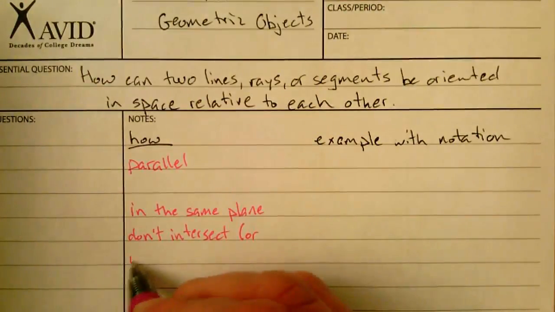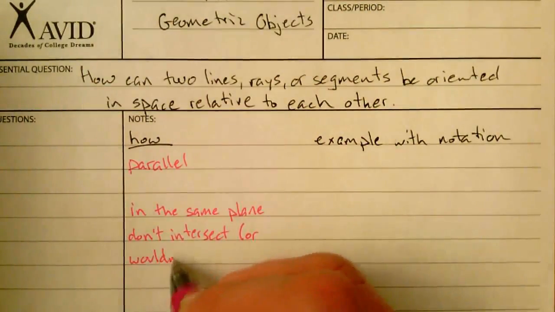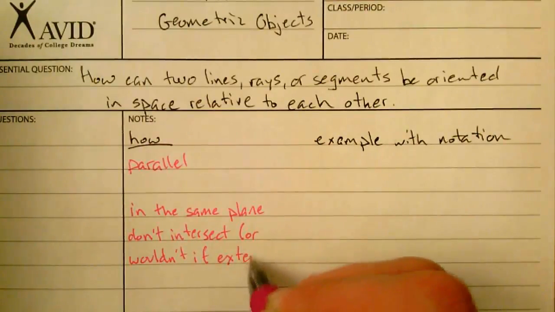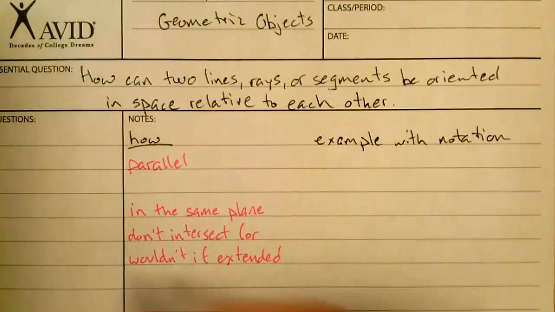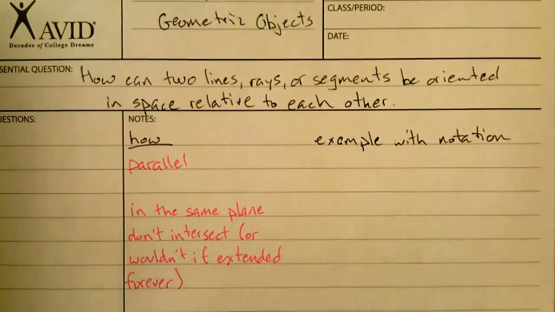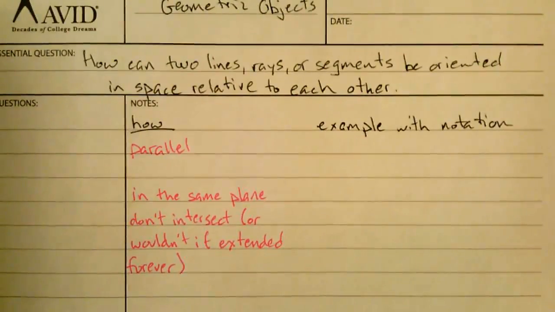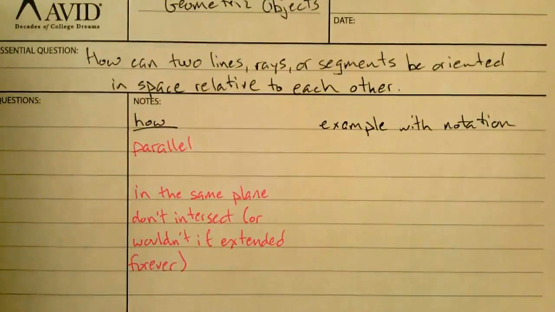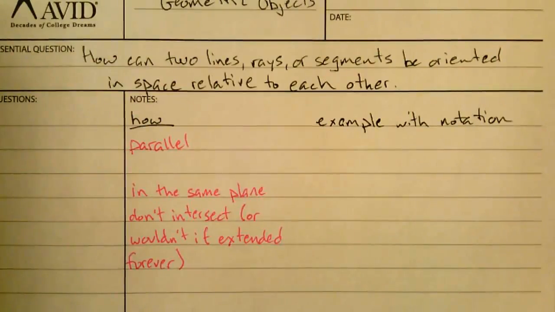Or wouldn't intersect if extended forever. Because we might be talking about a pair of, say, segments, and just because they don't cross doesn't mean that they are parallel. They could be, they just don't reach each other.